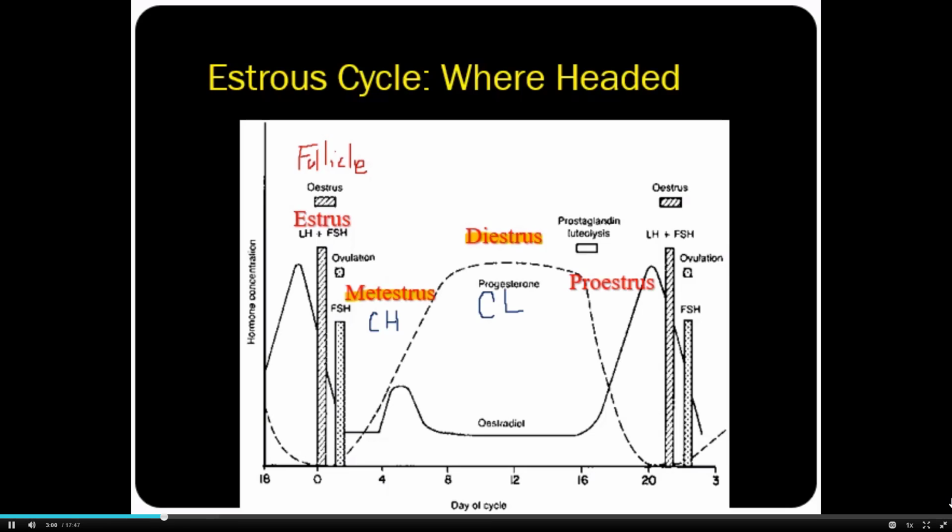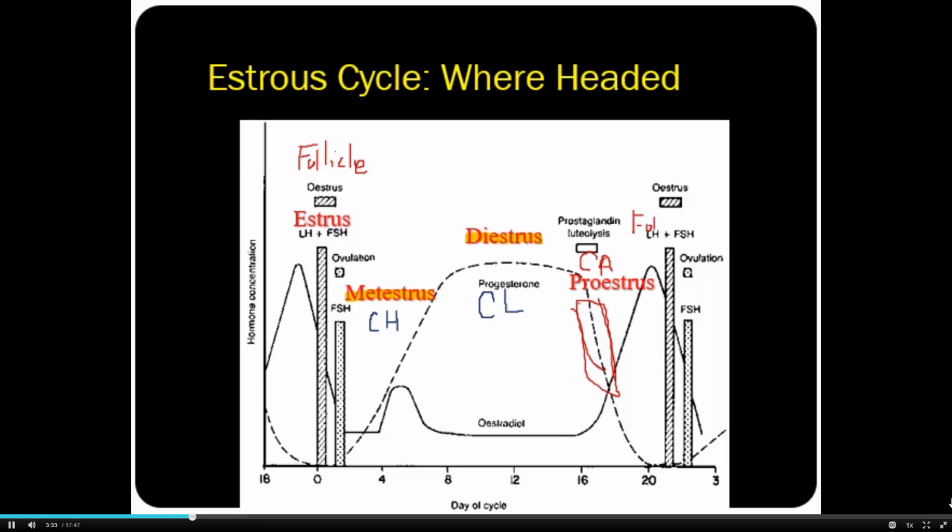Same with proestrus, but proestrus, remember, this is luteolysis here. This right here is luteolysis. That's going to be the regression of the CL. So during proestrus, we actually have the old CL that's becoming a corpus albicans, but we also have a new follicle because we're going into a new estrus stage over here, so we also have a follicle on the ovary.